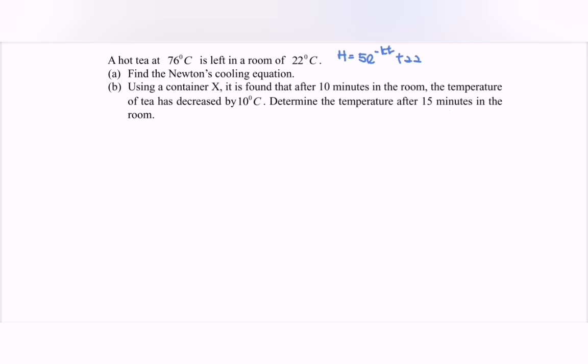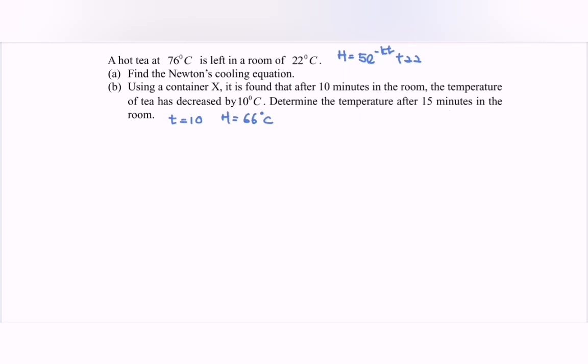Now refer to part B. Using container X, it is found that after 10 minutes, so t equals 10, the temperature of the tea has decreased by 10 degrees Celsius, so now H becomes 66 degrees Celsius. Determine the temperature after 15 minutes.